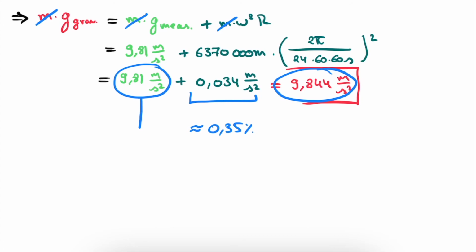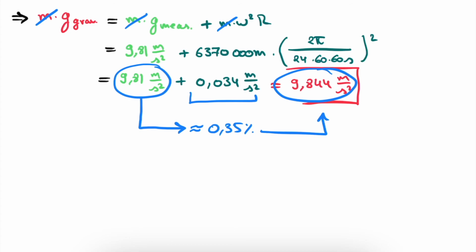Therefore, going from a rotating Earth to a non-rotating Earth, we need to add 0.35% to our weight. And because the weight is what determines which number appears on a scale, we see that if we go from a rotating Earth to a non-rotating Earth, the scale will show a number which is 0.35% larger.